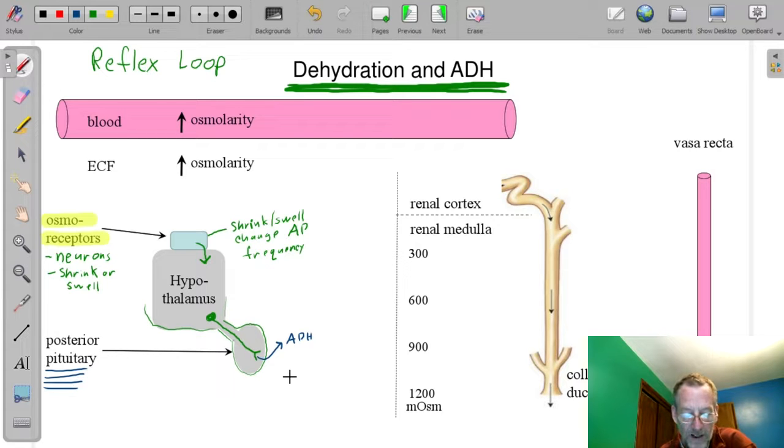So if we had dehydration, the increase in osmolarity would cause the osmoreceptors to shrink or swell, which would change the action potential frequency, and we release the ADH. If the osmolarity is high, do you think the cell would be shrinking or swelling?